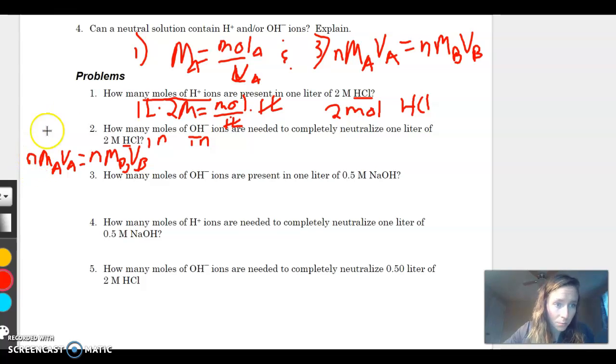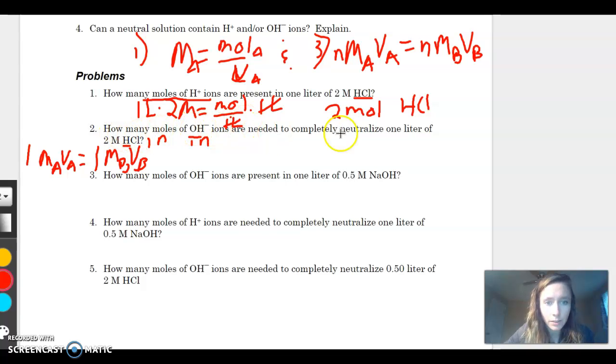So this N is 1, and this N is also 1. So you could put 1s here, but I'm just going to erase them. You could also just not write 1s because 1 times anything is itself, so it's okay if you don't write anything for that.